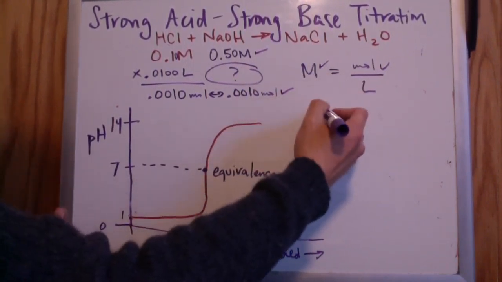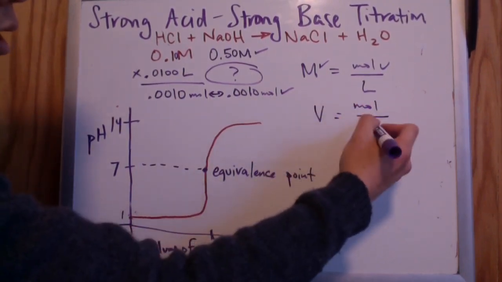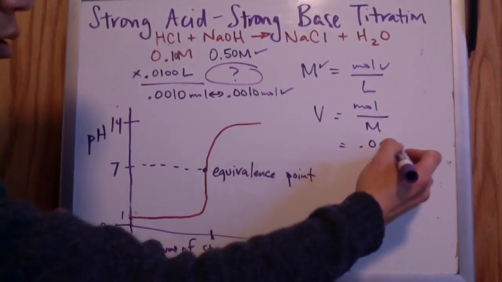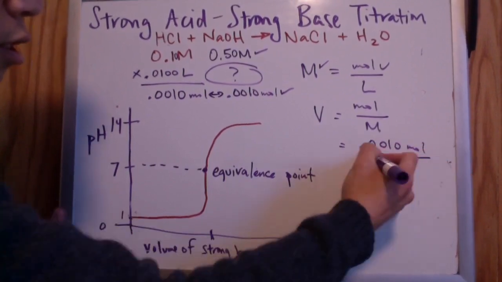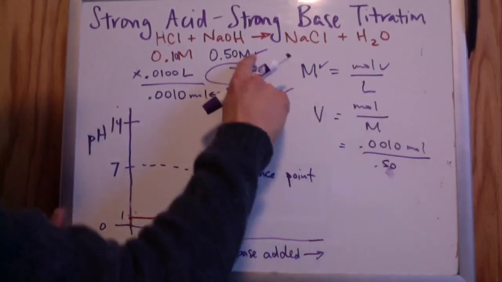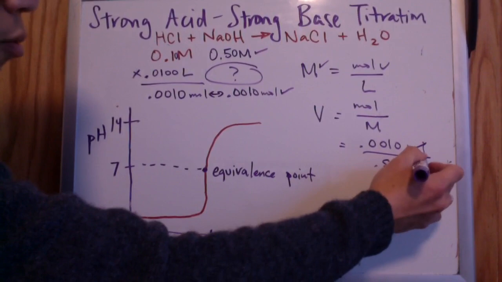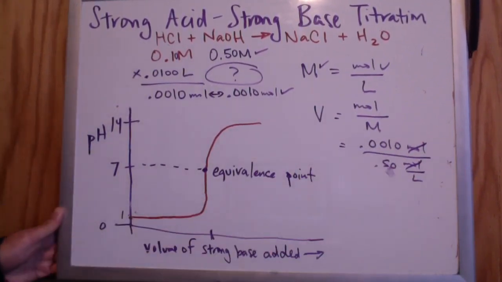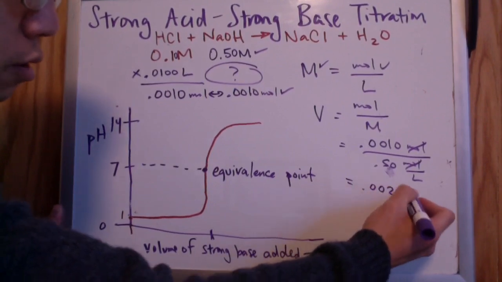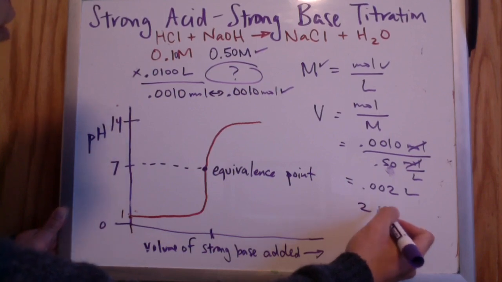So if we do 0.0010 moles divided by 0.50 molar of the sodium hydroxide, that's moles per liter. The moles will cancel out, the liters will flip up on top, and we end up with 0.002 liters, which is actually 2 milliliters.